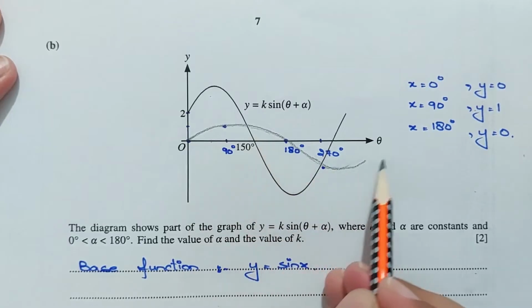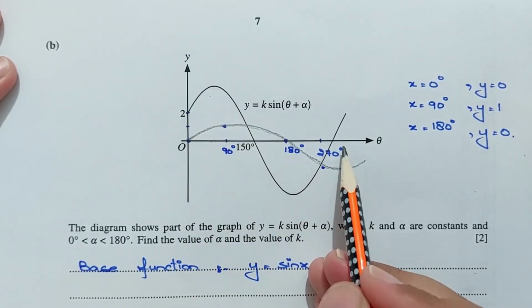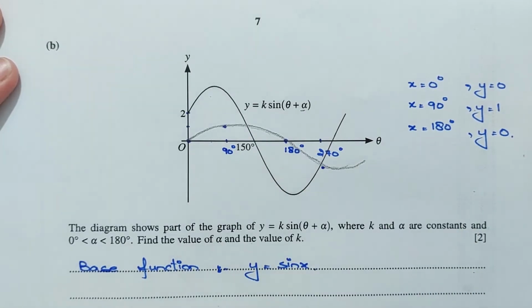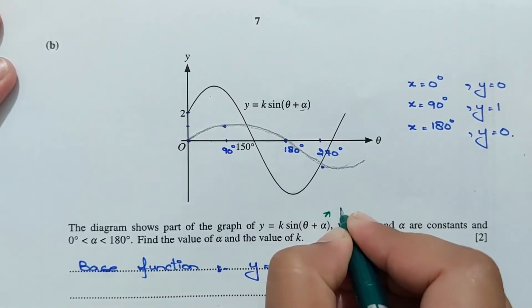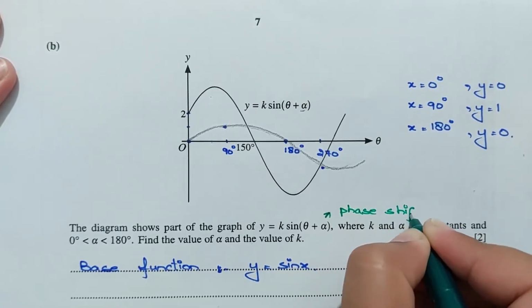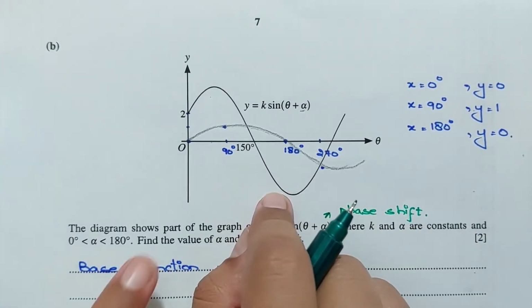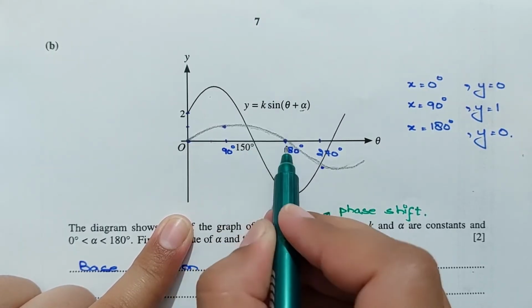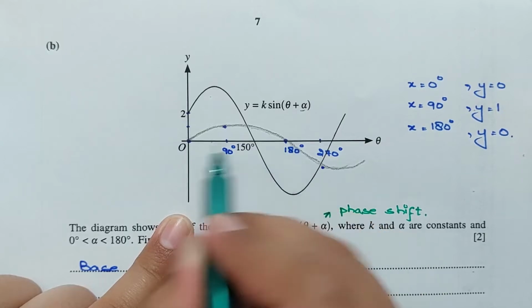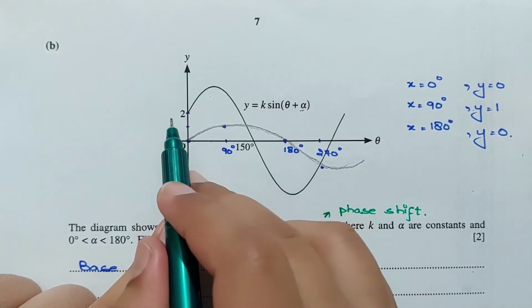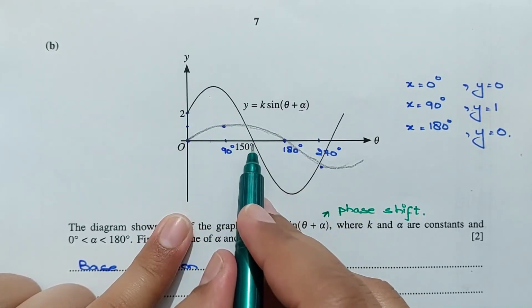So from the base function and the given transformed function, we first have to find the value of alpha. As we know, alpha is the phase shift, or we can say the starting point of the curve. As you can see, the base function's value is 0 at 0 and at 180, but the transformed function's first 0 is at 150.